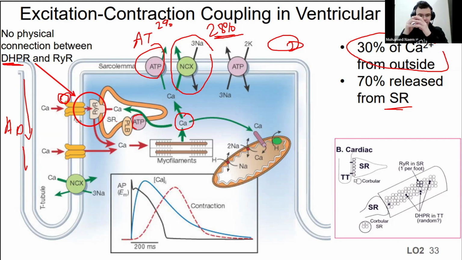Because if the circuit keeps pumping calcium back into the SR, you would never have a contraction, because calcium would never reach the concentration that we want inside the cytoplasm. So we need something to stop the circuit when we don't want it to work, which is the phospholambin. The phospholambin is the molecule that inhibits the circuit.